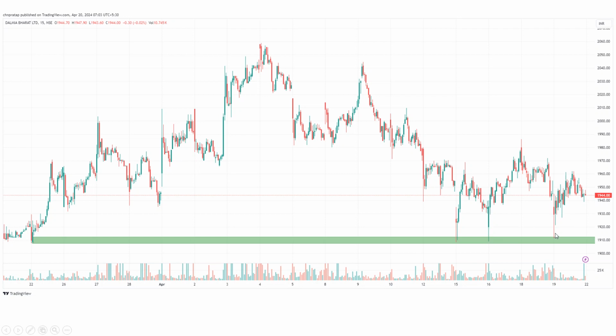Look at this third rejection. It also came down, and again it pushed the price up. Actually, this is the 4th rejection. Here we have 2 rejections, this is the 3rd rejection and this is the 4th rejection. Prices entered the zone and moved away.